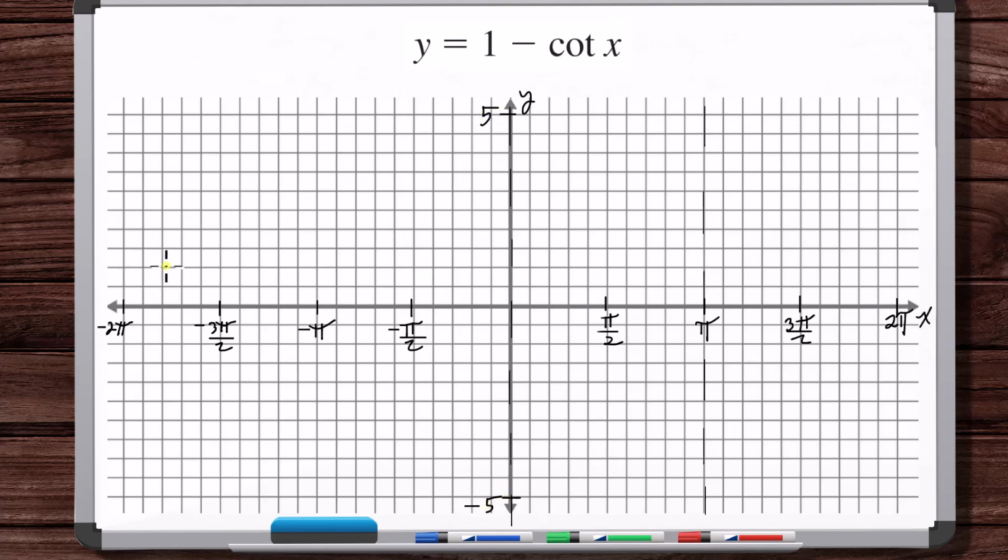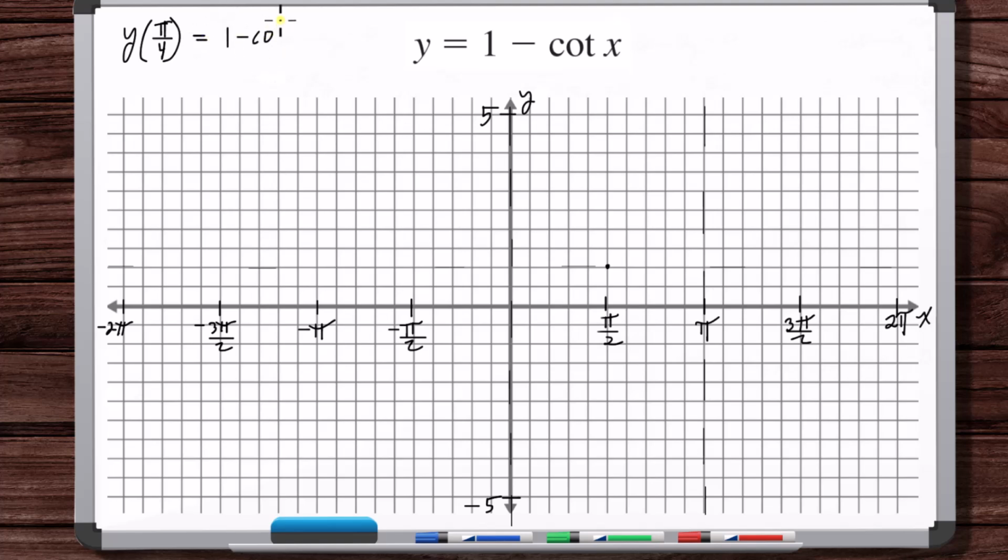So there's a new x-axis at, once again, 1. Let's try and draw that in faintly. Okay, so at midway, we're going to cross through the x-axis. Now we need to evaluate y of pi over 4.